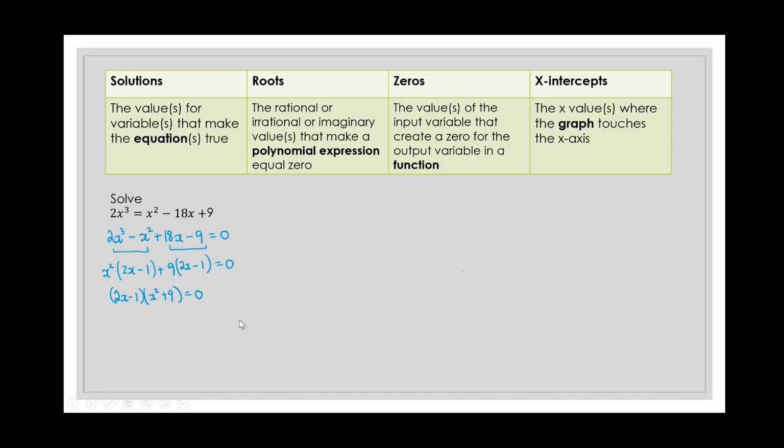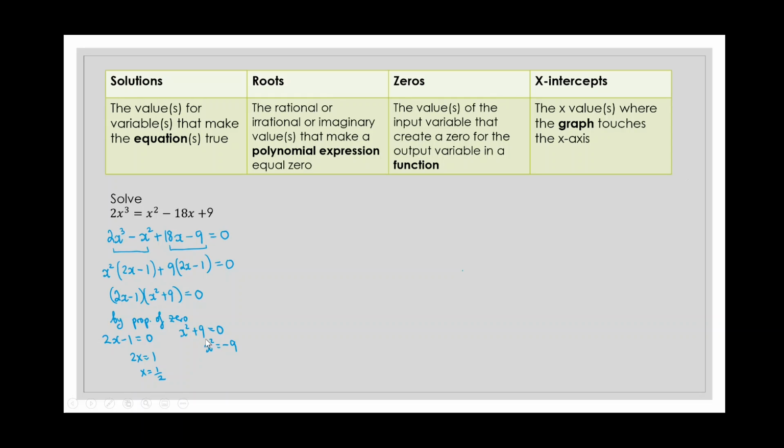And if we factor this, we will get this equation. And then we can use the property of 0 to say either this factor is 0 or this last factor is also equal to 0. Then we solve. So you can put 1 to the other side, divide by 2, you get x equals 1/2.